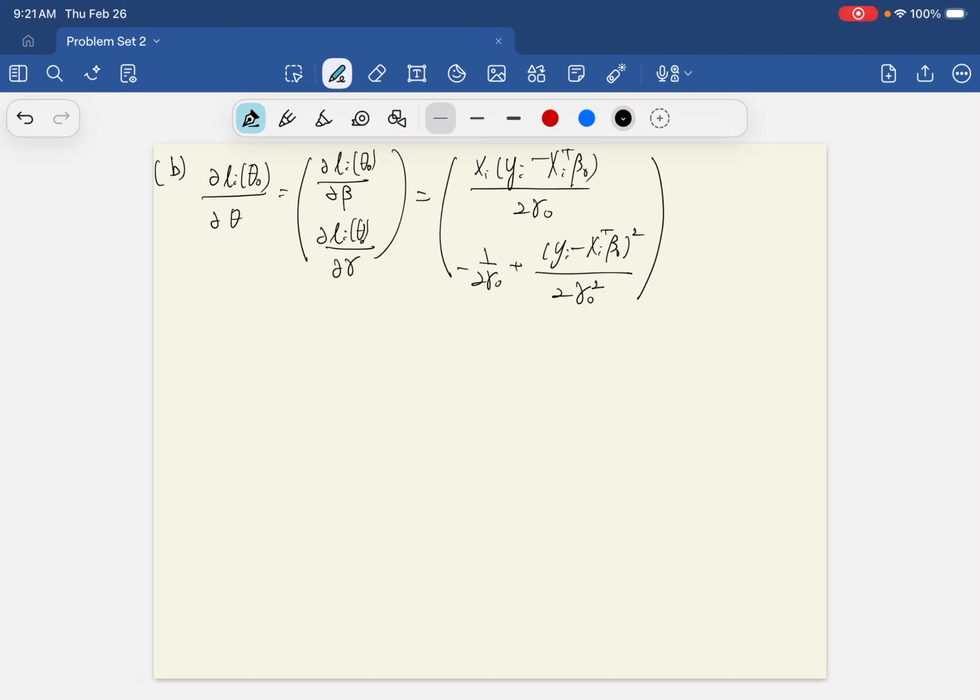That becomes xi ui over 2 gamma 0, and the same thing, ui squared over 2 gamma 0 squared.